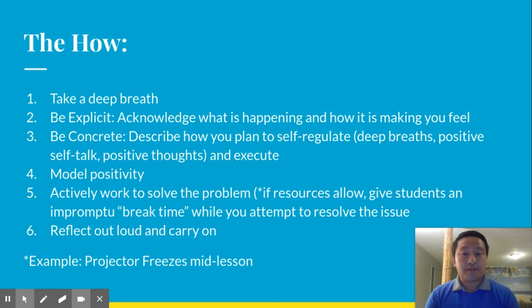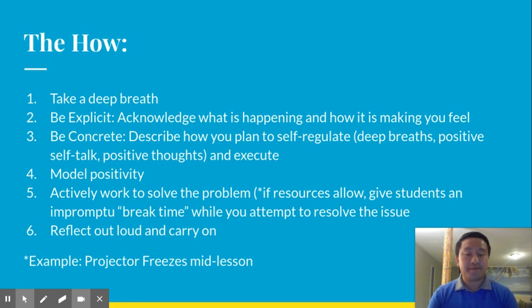Step 3, be concrete. I advise you to describe how you plan to self-regulate so that students understand what you're doing and why you're doing it. Some ways to self-regulate is to take deep breaths. 3 is a recommendation, at least 3. Positive self-talk, which is saying whatever, it can even be funny, whatever you can say to yourself to take negative feelings away, to shift towards positive feelings.